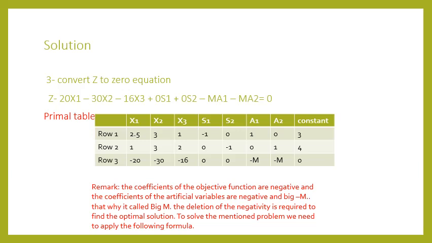What does that mean? If we are planning to find the optimal decision, the negative values in row 3 must disappear. To make these negative values in row 3 disappear, we need to apply the following formula.